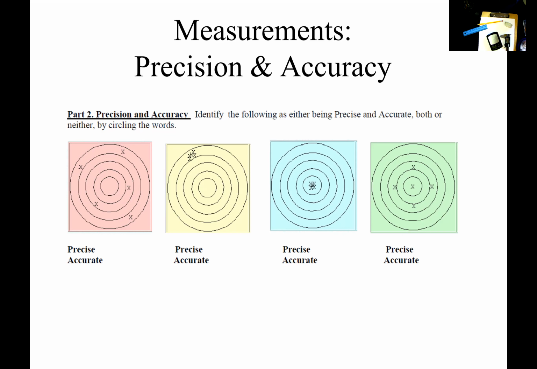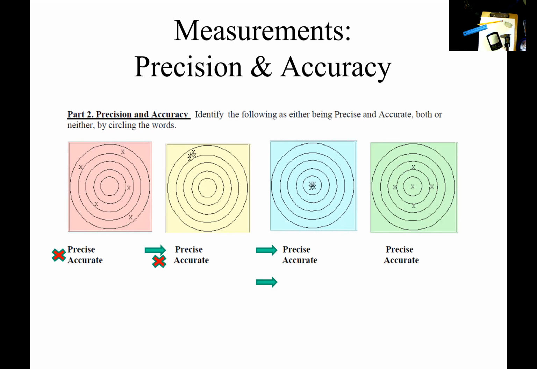Okay, so hopefully you made a note of which is which. So for the first one on the left, it's neither. It's not very accurate and it's not very precise. The second is precise, but since the collection of the data points is far from the center, it's not accurate.